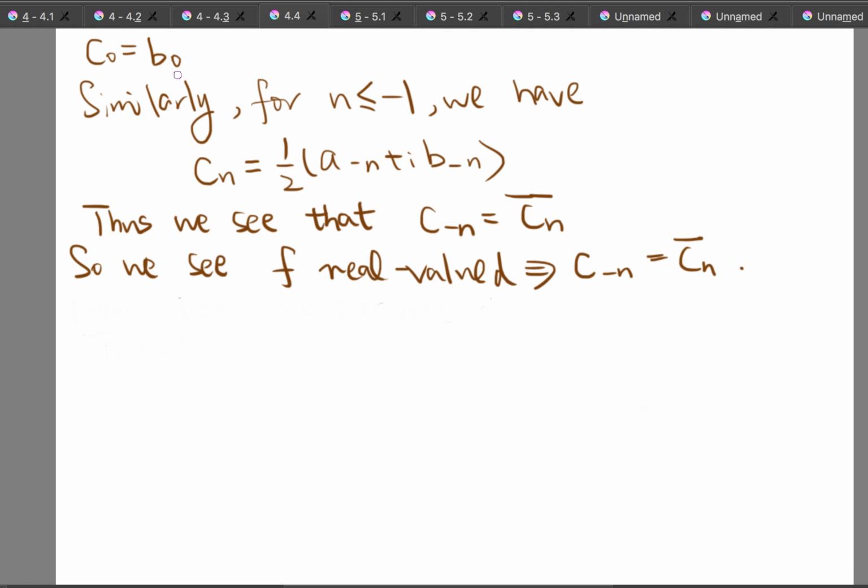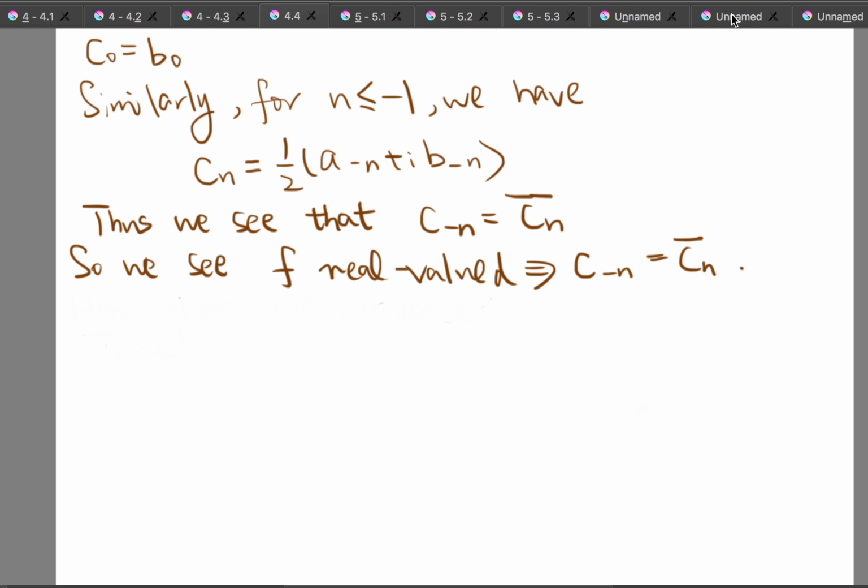And how about for n smaller than or equal to negative 1? We see that for n smaller than or equal to negative 1, c_n is equal to 1/2 times (a_(-n) plus i b_(-n)). I will leave it as an exercise for you to verify it.